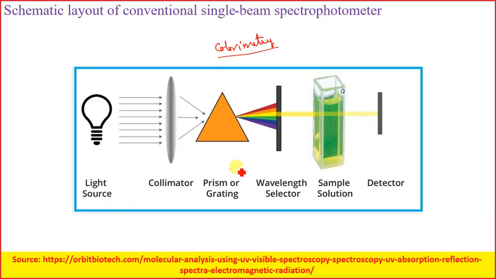Okay, so in this, instead of using the prism or grating and wavelength selector combination, we use filters like gelatin filters. When you use a specific filter, it only allows a specific wavelength of radiation to pass through.